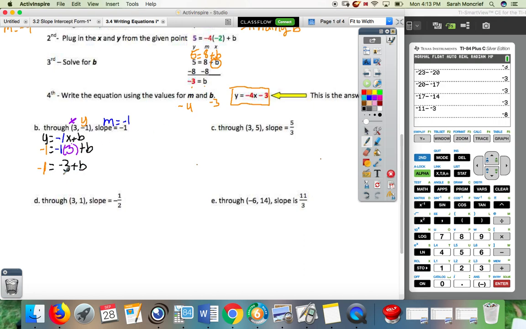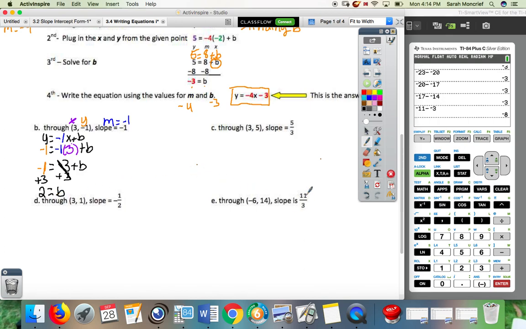Now, what is the inverse of subtracting 3? That's right, adding 3. So we're going to add 3 to both sides. What happens on the right with the negative 3 plus a 3? It cancels. And then what is negative 1 plus 3? That is 2. So my b is 2.